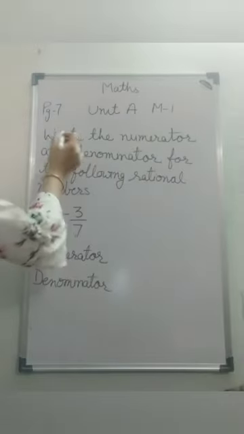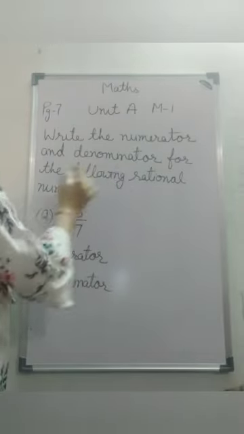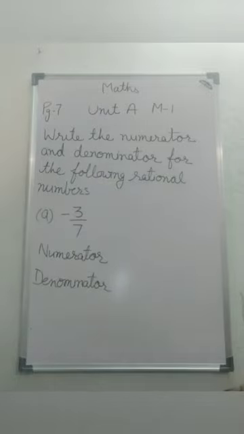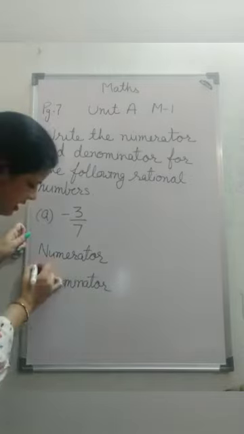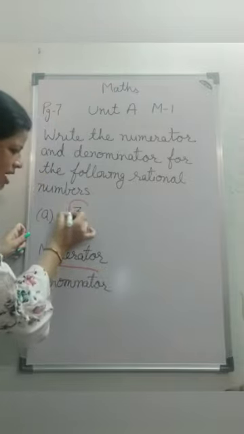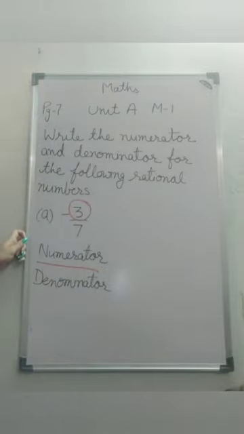The question is, write the numerator and denominator for the following rational numbers. The first question is -3 upon 7. So we find out which one is numerator and which one is denominator. Numerator is the upper part of the fraction.